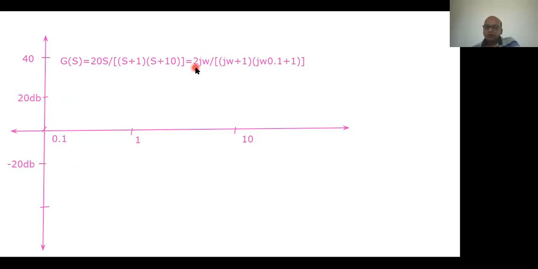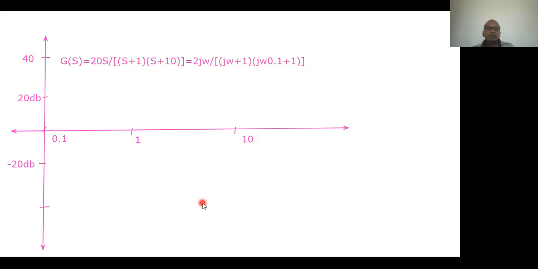If you calculate and check, I will calculate, that is 6 dB.